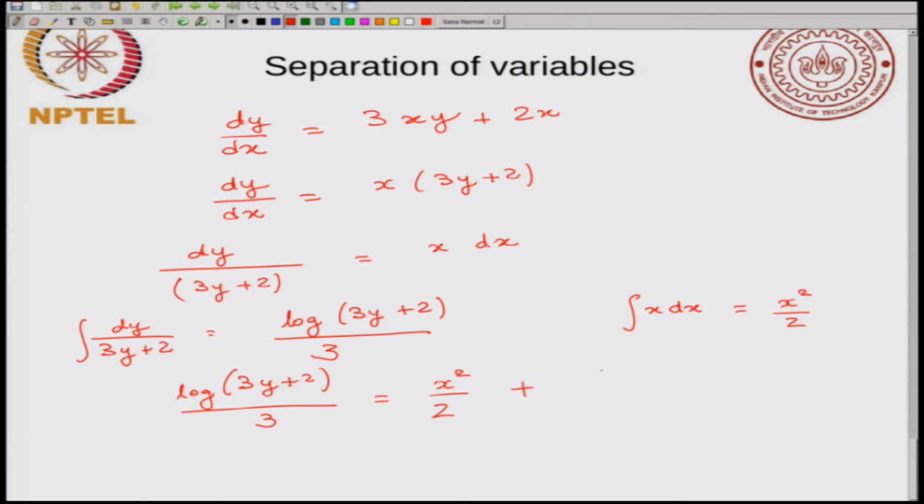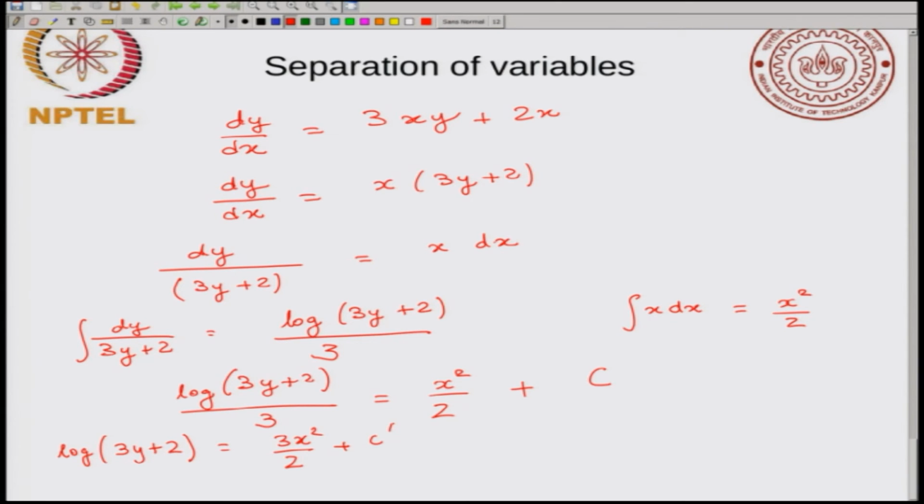I can rearrange this to write log of (3y plus 2) is equal to 3x square by 2 plus 3c, and 3c is some other arbitrary constant c prime.